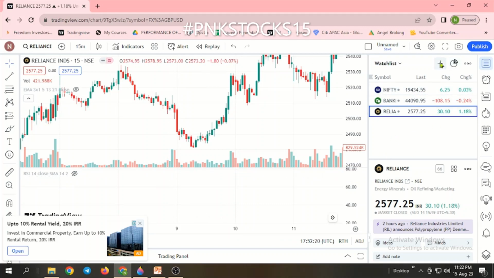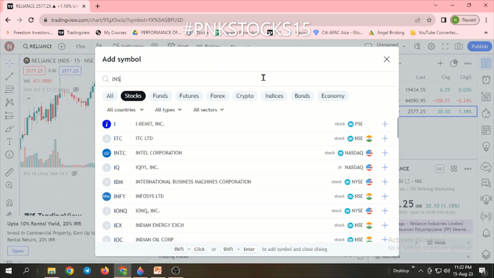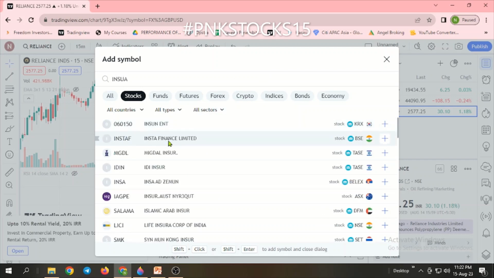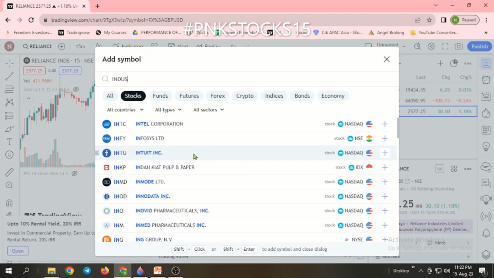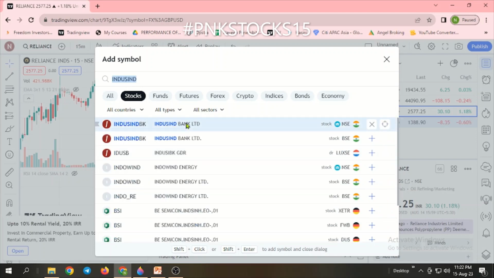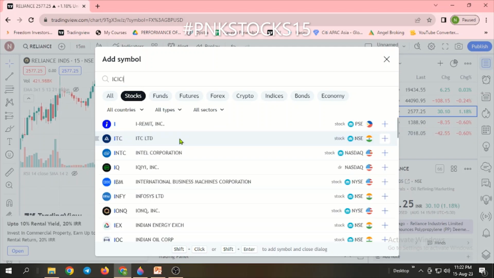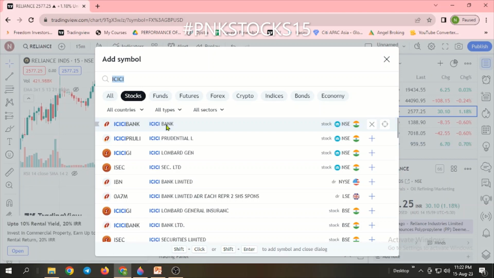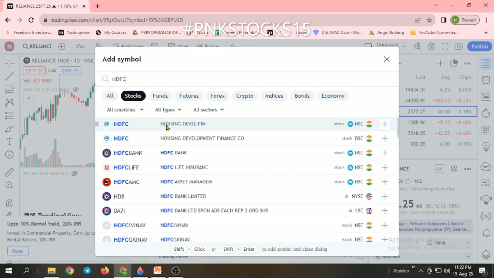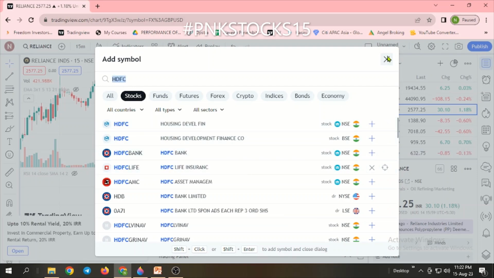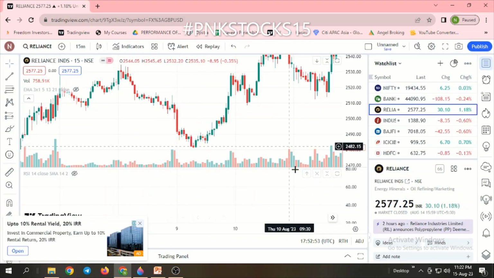You can take IndusInd, Bajaj Finance, ICICI, HDFC Life Insurance or ICICI Life Insurance. Let us see how this works.